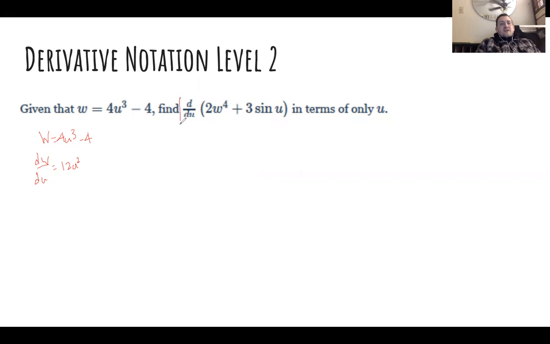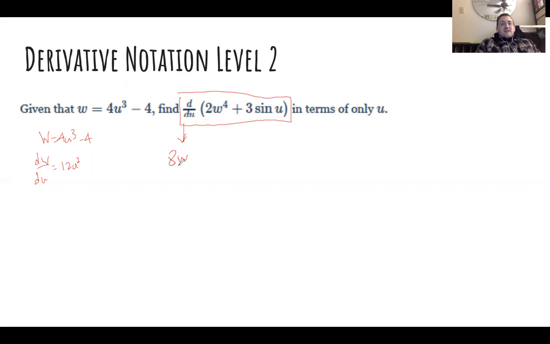So if we look at this as the general problem, here's what we can say. In this first part, I'm going to write 8w, but we are not quite done with this term.